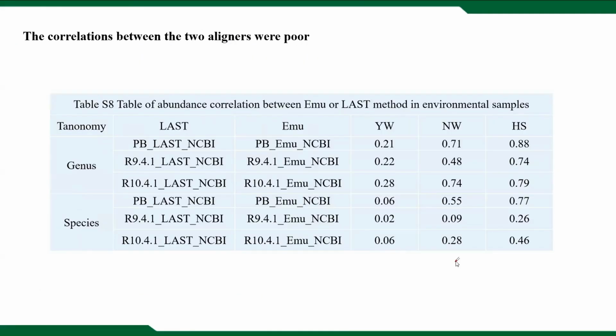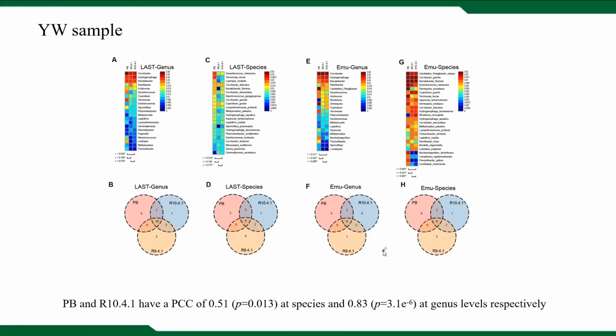Next, based on overall community composition, we compared the correlation between LAST and emu classifiers. For overall species composition results, we first compared the correlations between LAST and emu aligners. The correlation between the two aligners was poor. In addition, we analyzed the average abundance of the top 15 species across different platforms, aggregated them, and then calculated the correlations.